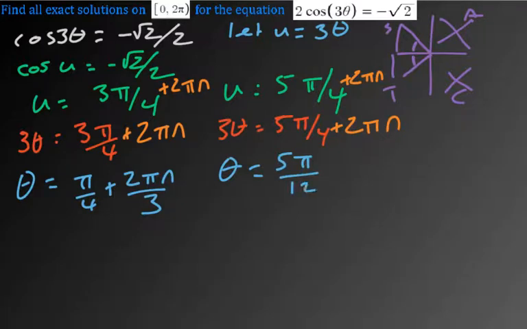So you'll have 5 pi over 12 plus 2 pi n over 3. For example, this is 45 degrees, or pi over 4. And before, we would have just had a normal plus 2 pi n, and we would never get another solution in one lap. But now, if n is equal to 1, if you add 120, or 2 pi over 3, to pi over 4, you're going to get another solution in one lap.